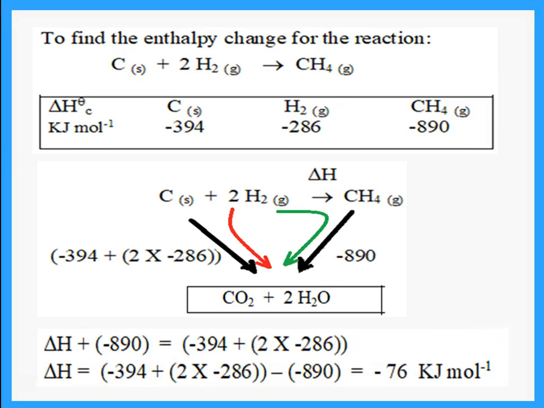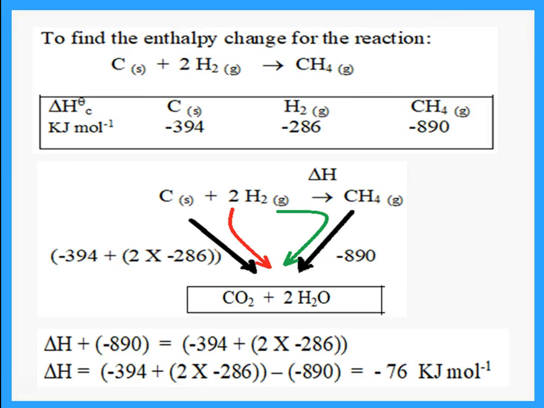So the delta H plus the minus 890 is equal to the ones on the other side. Now, from that equation, I can calculate for delta H, and from that reaction, the delta H is minus 76. Do we understand that?